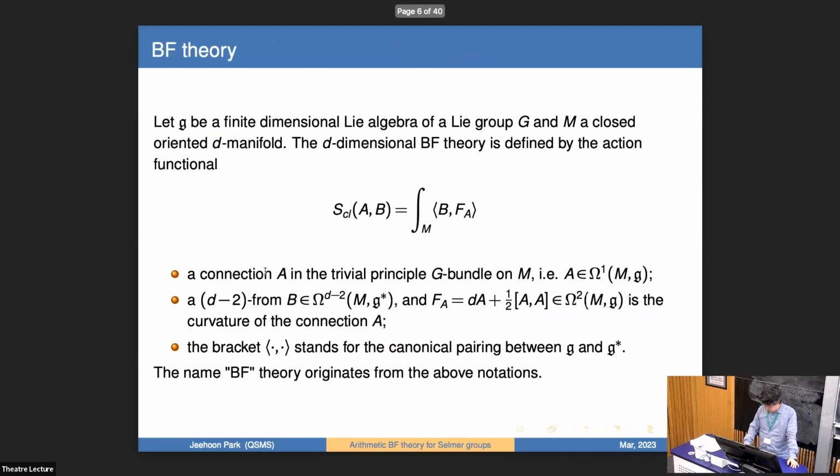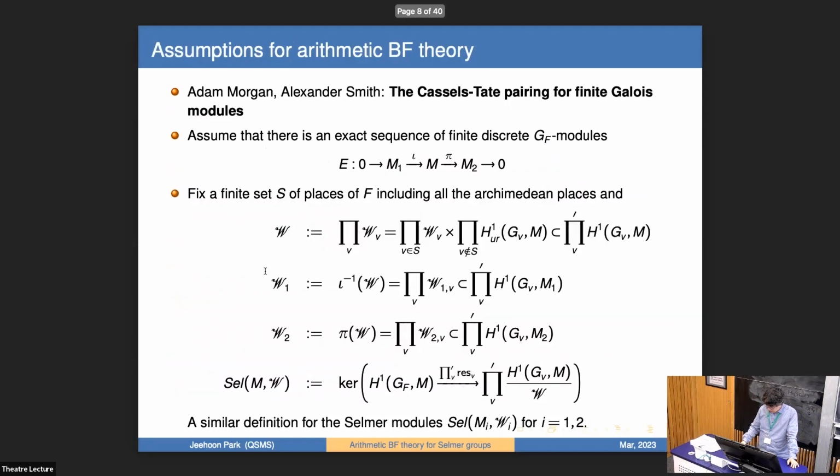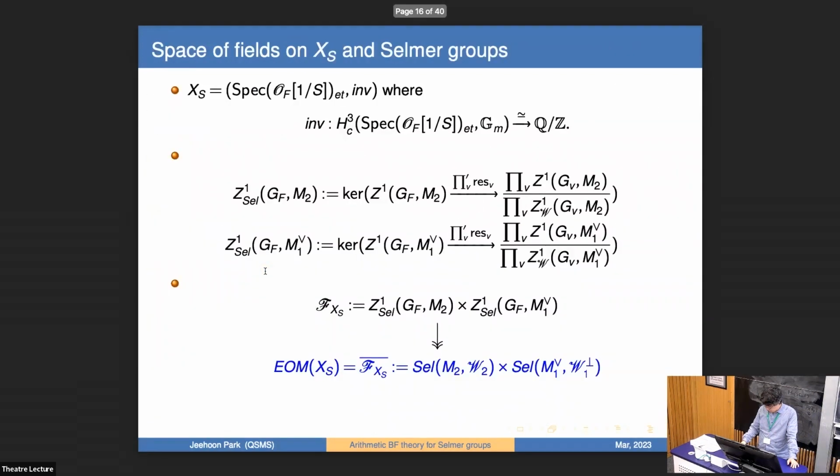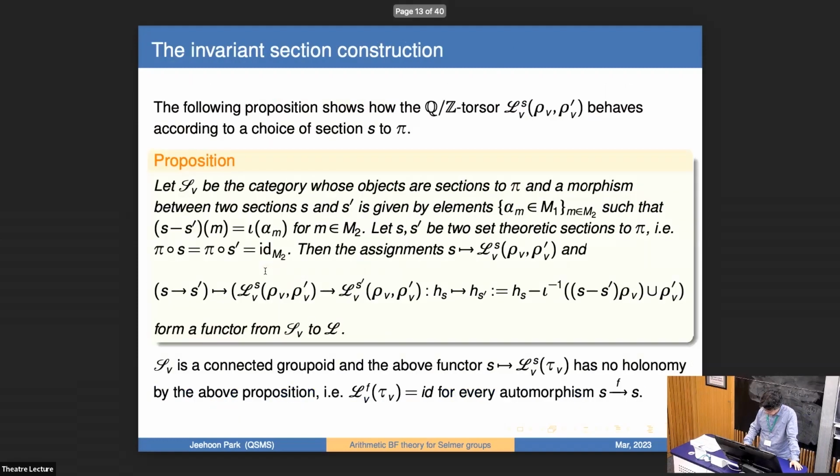See, in the original theory, the space of fields is Omega^1(g) times Omega^1(g^*), right? So in this case, let me show you again, Selmer M_2 W_2 and Selmer M_1-check W_1-perp will be the equation of motion space, the space of fields.